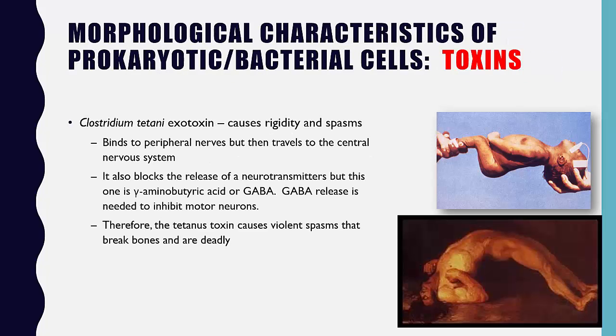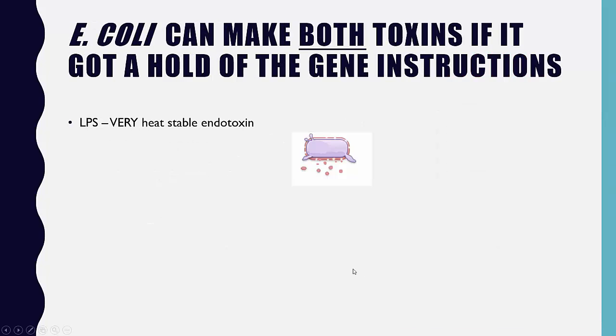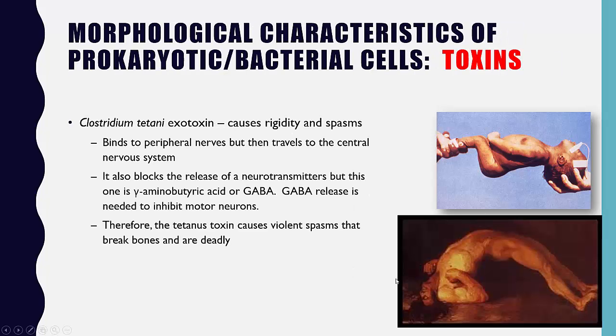Another reason why we like having our DTaP. We love our tetanus vaccine, right? We get that every 10 years because this is what happens. Tetanus is not common, but it is deadly. The only thing you can do is try to block the toxin.